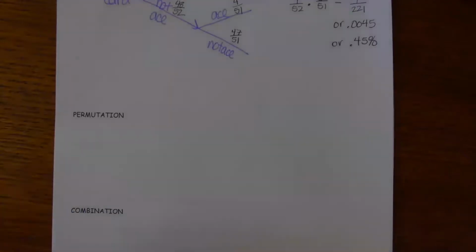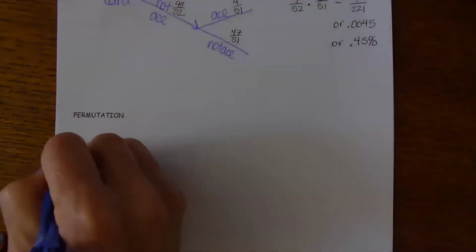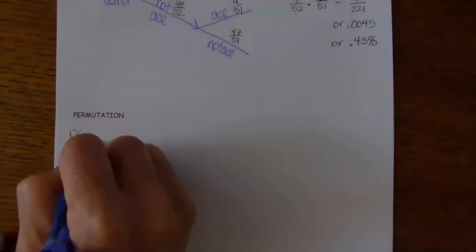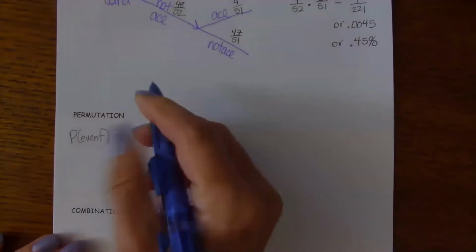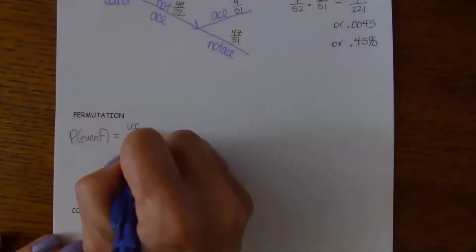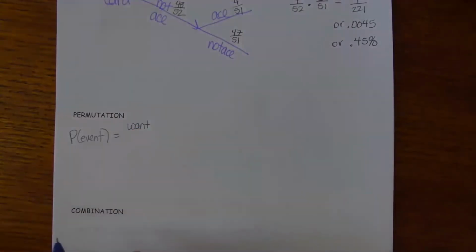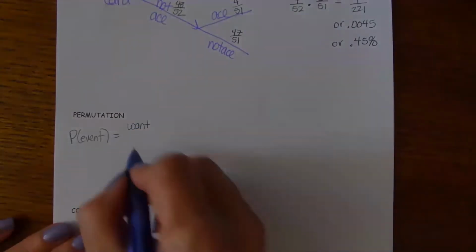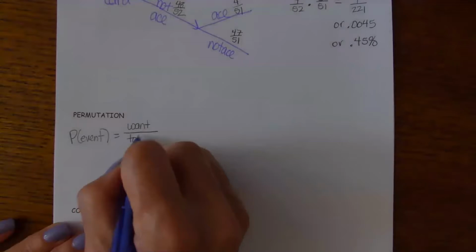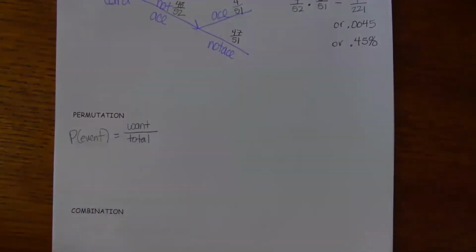Let's see. All right. Before we do this permutation, because it's going to be a little bit different, tell me in English words, plain words, what is probability? Probability of an event is what? It's what you want or the things you're interested in, like blue marbles, green marbles, aces, over total, right? It's always what you're looking for out of the total.